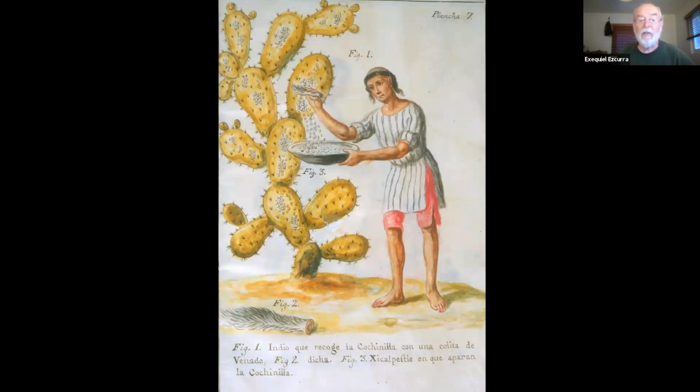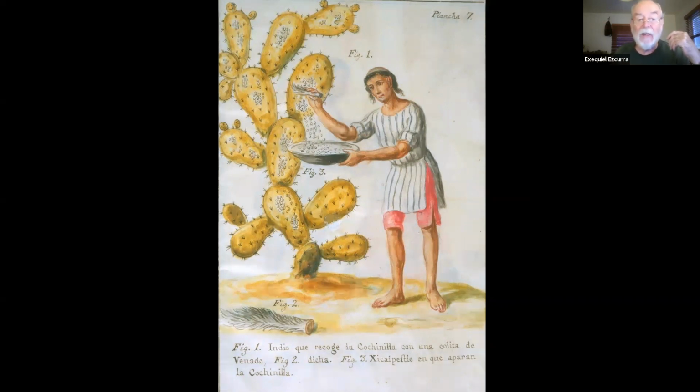It's a hemipteran, it's a scale, it's an insect that attaches itself to the cactus. And if you remove the insect that is attached to the pads and dry them, it has like a hemoglobin. It has the lymph of the insect that is deep red, and it's an amazing dye to dye things red.